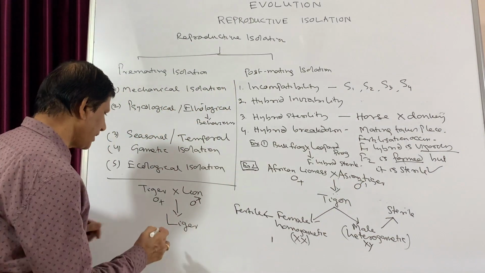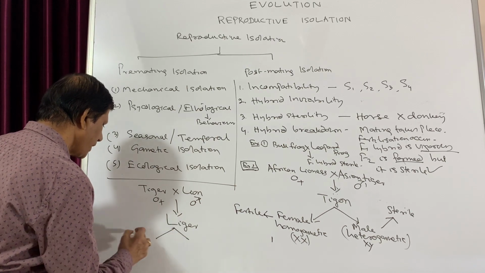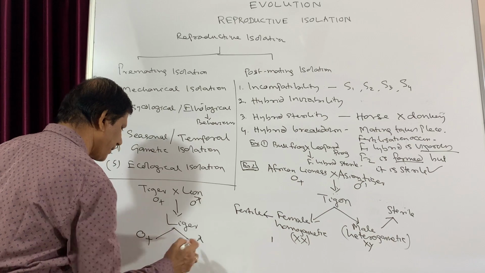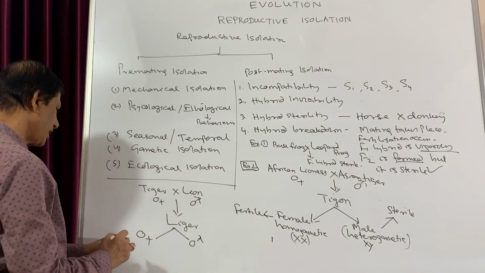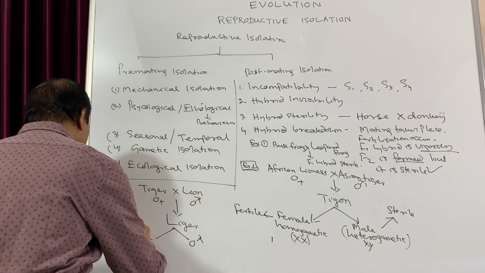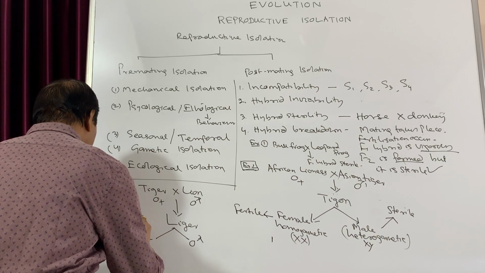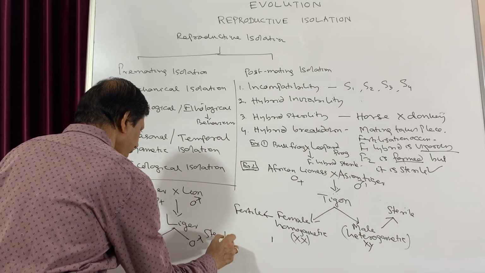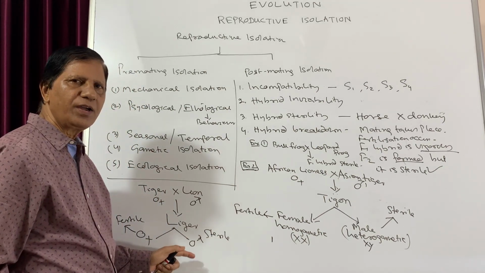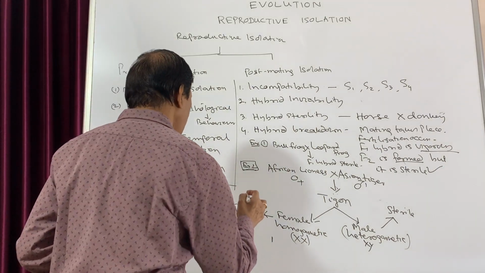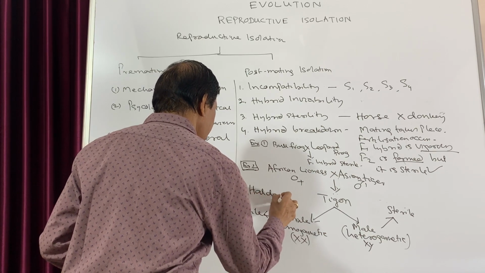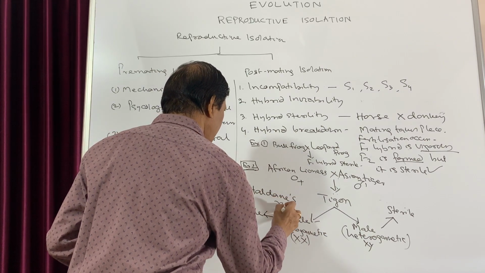The same case applies here. It will give rise to female and male ligers, and the females are homogametic and fertile, while the males are sterile because they are heterogametic. This is known as Haldane's rule.